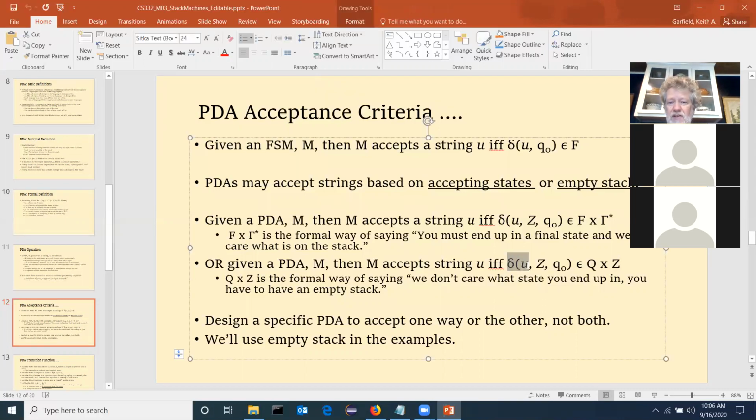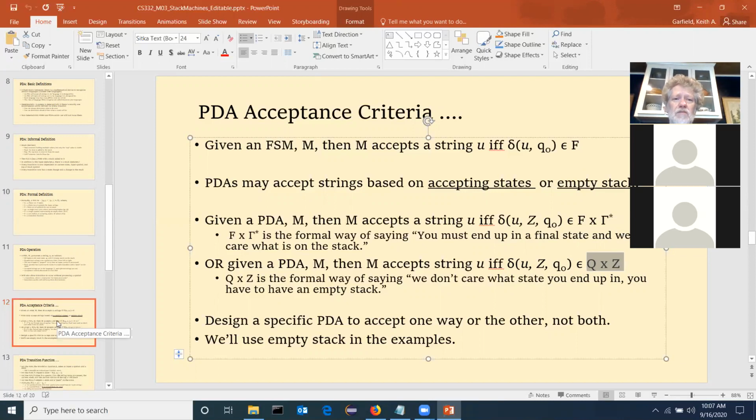If you start processing string u, starting with the empty stack, starting in the start state, and you end up in some state, we don't care where, but you have the empty stack symbol on the stack, then you accept. You're not allowed to just slap an empty stack symbol on top of a stack that is not empty and claim that you have an empty stack. So that's the acceptance criteria.